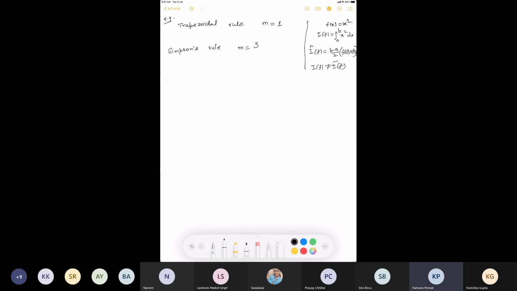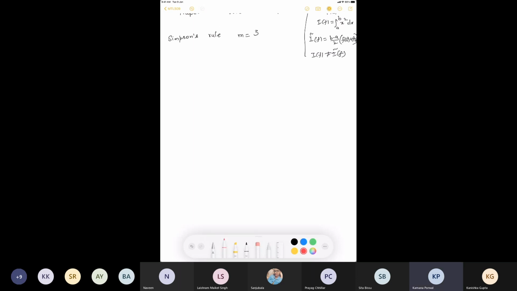Okay, so now let's look at the error formulas again. I'll start with the trapezoidal rule. So we'll make an observation. Let's consider the error in the trapezoidal rule.